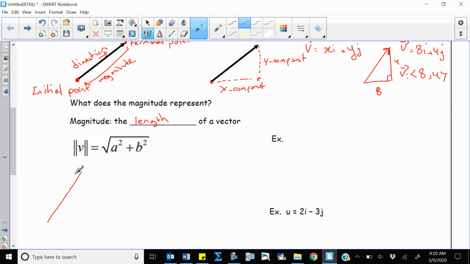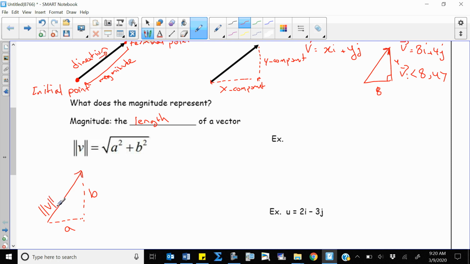So I'm going to draw that here again. If this is my vector, this is the x component, and this one is the y component. Let me write the magnitude in this form.